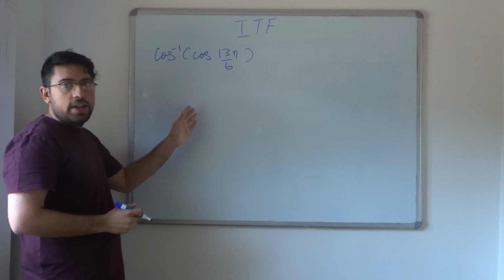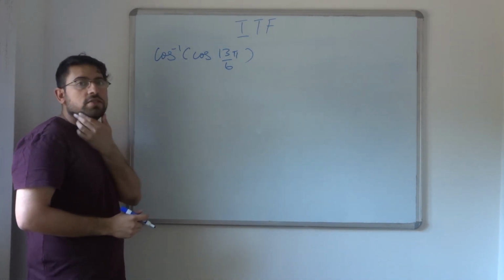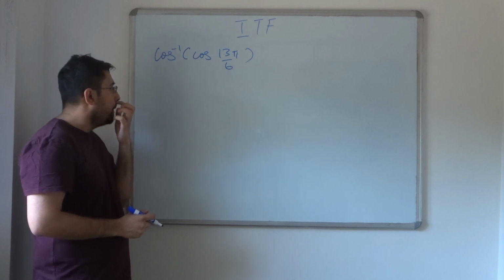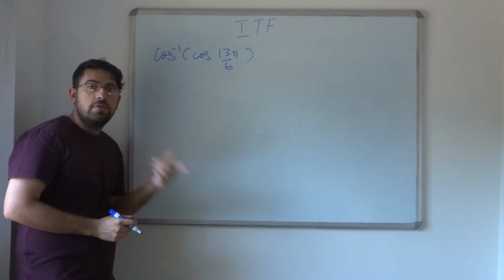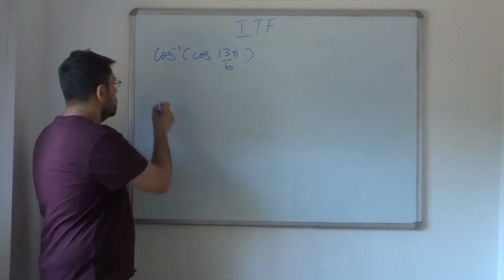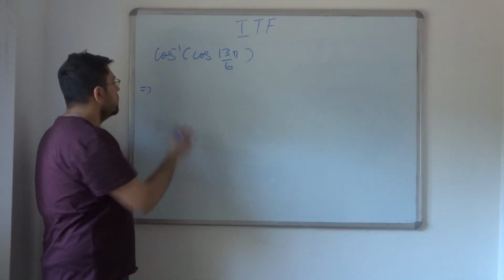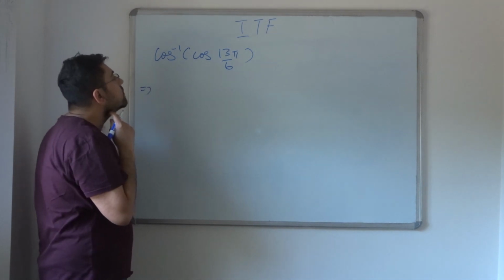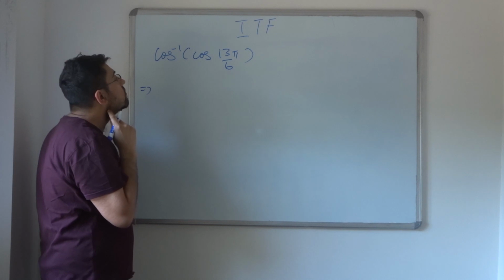So find the principal value of this. Now guys, find the principal value of this. The first step that you have to do, try and find the principal value of this.